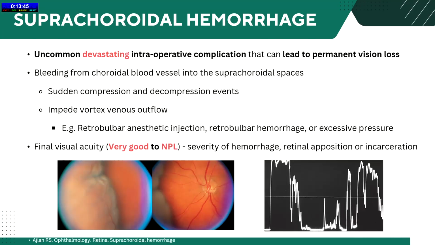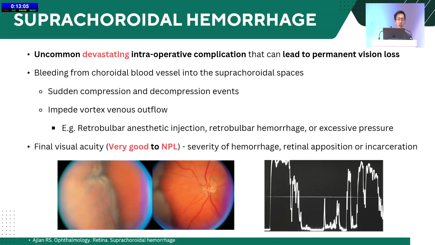Speaking about suprachoroidal hemorrhage, everyone knows that even though it's uncommon, it is a highly devastating intraoperative complication that can cause permanent visual loss. It is bleeding from the choroidal vessel into the suprachoroidal space, caused by a sudden compression and decompression event that rips the choroidal vessel and leaks blood into the suprachoroidal space, a potential space that can expand and cause damage. It is caused by impeded vortex venous outflow from retrobulbar anesthetic injection or retrobulbar hemorrhage, and any excessive pressure in the back of the eye.